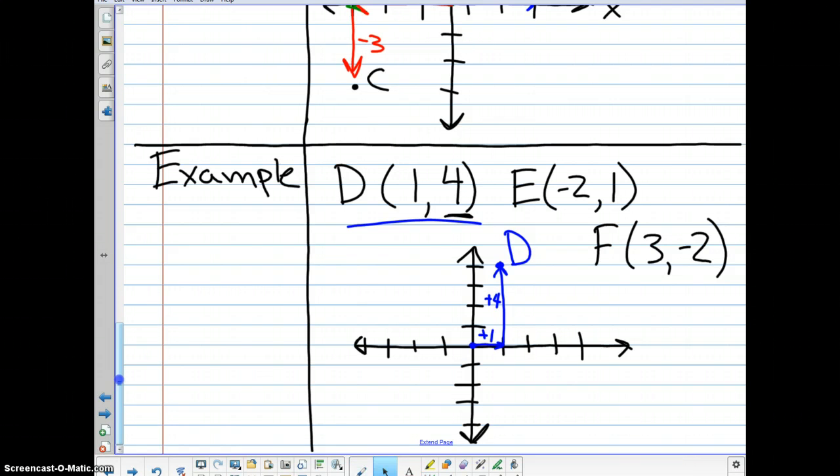Okay. E I will plot in green ink. E, we start at the origin. We go to the left. Okay, so that's -2 in the x direction, and we go down just 1. Oh, actually, nope. Sorry. Excuse me. We go up 1, +1 there, and our point for E would be at -2, 1.